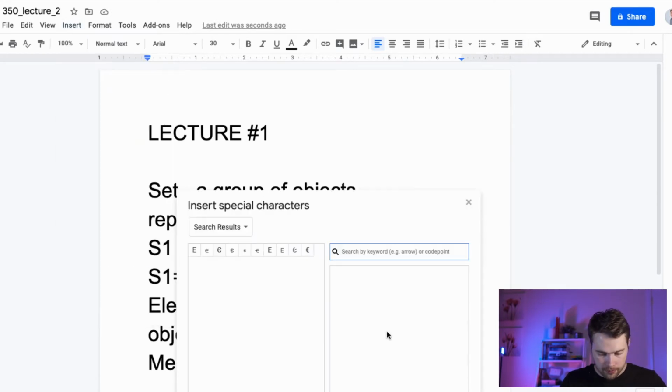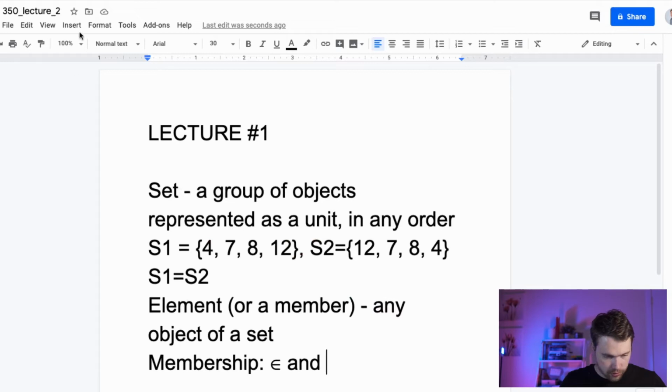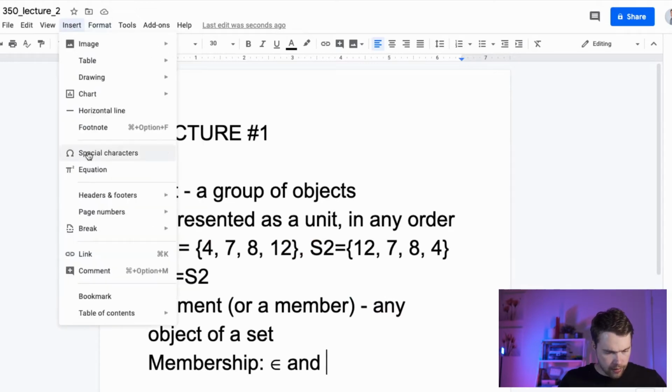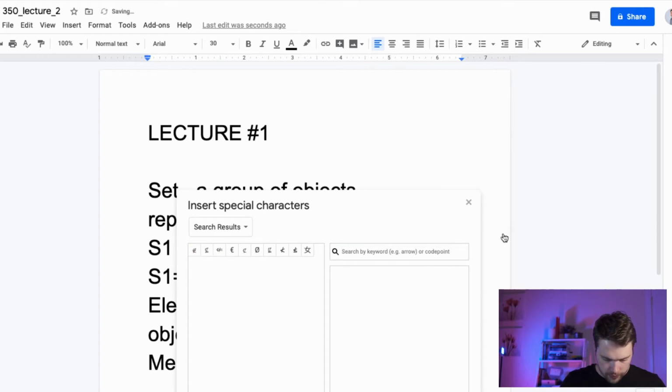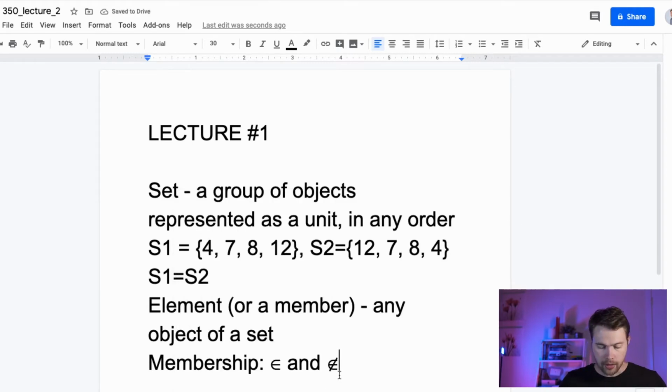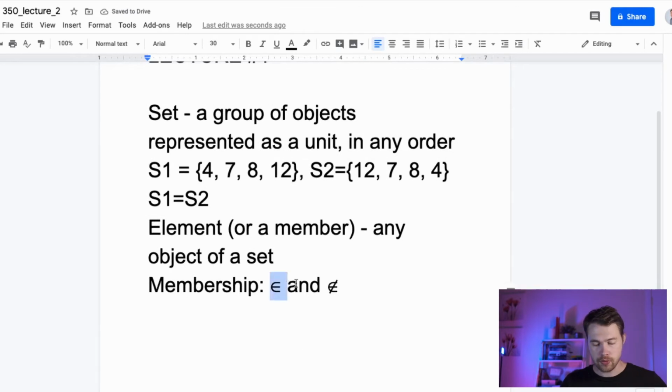And the opposite symbol, if we cross it this way, it'll be this. So this symbol means belongs to, and this symbol means does not belong to.